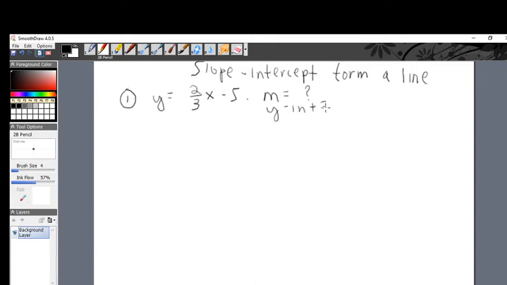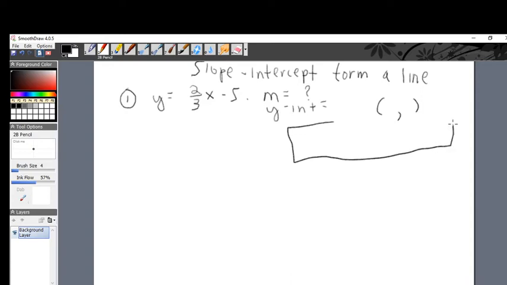A y-intercept has two coordinates, the x-coordinate and the y-coordinate. The x-coordinate will always be 0. I can talk about that in a minute, however, that's what they want from us. So here is the slope intercept form of the line.